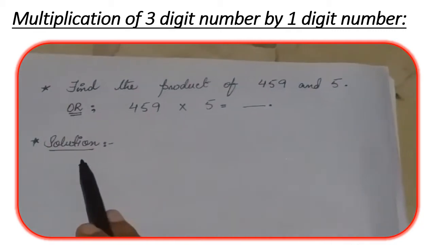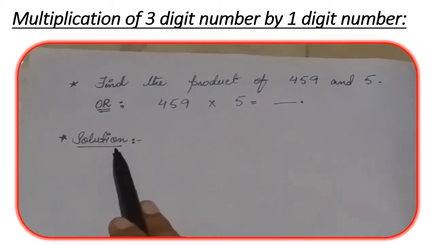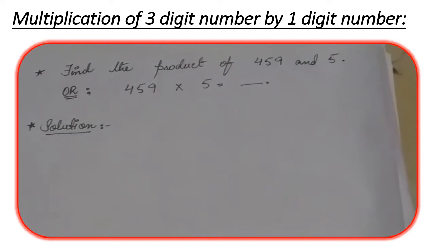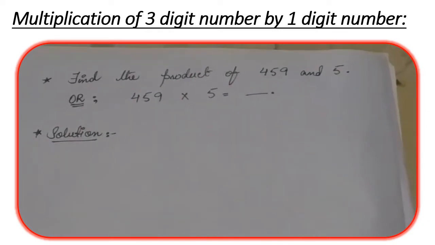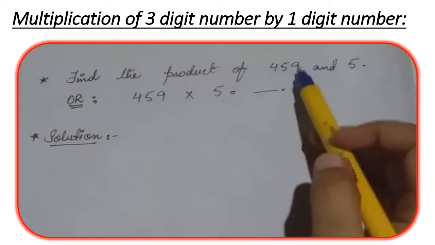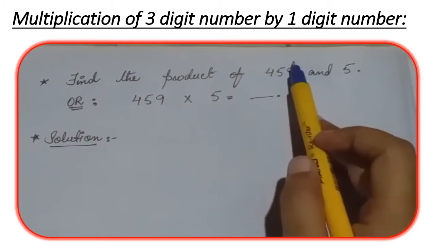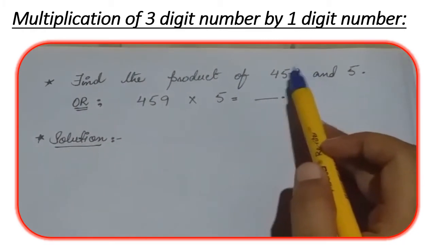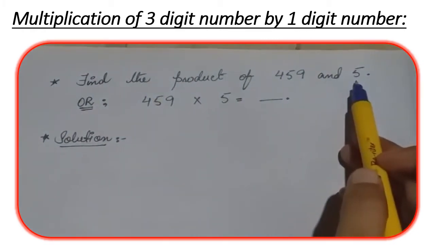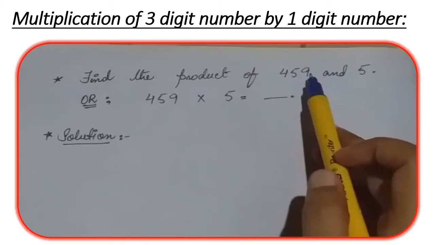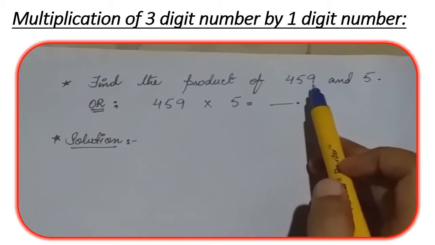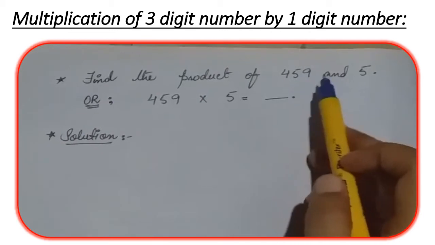So let's start our solution. But students, before starting our solution, you have to write the place value on each digit of the multiplicand and the multiplier. This will help you to place the digits in their respective columns correctly.